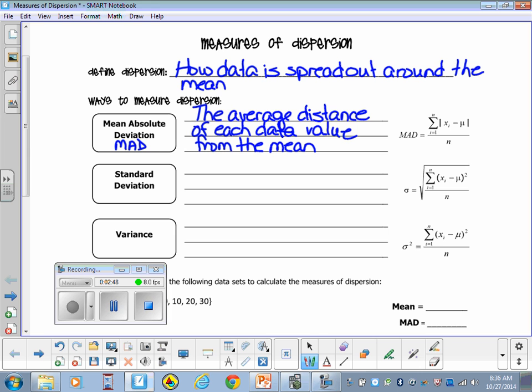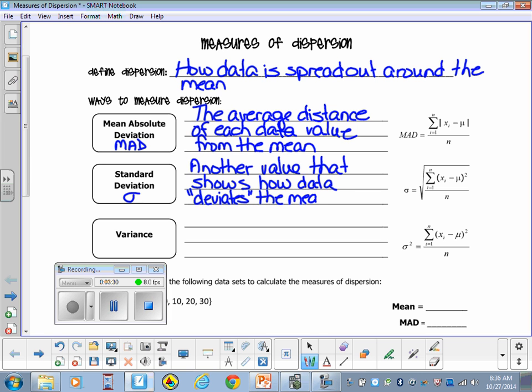the data values are. Standard deviation has a symbol, lowercase sigma, from the Greek alphabet, and standard deviation is another value that shows how data deviates, or is spread out, from the mean.